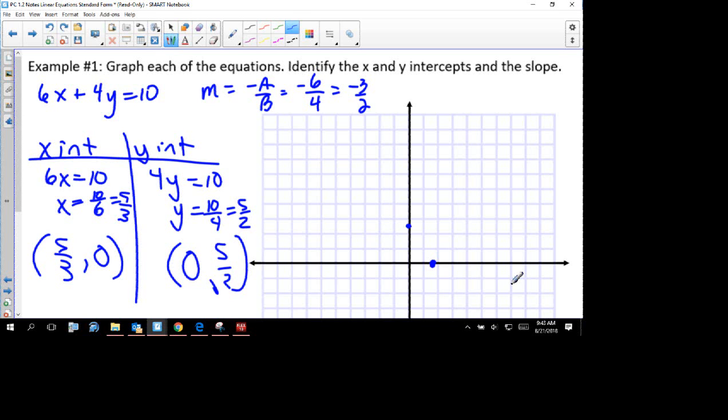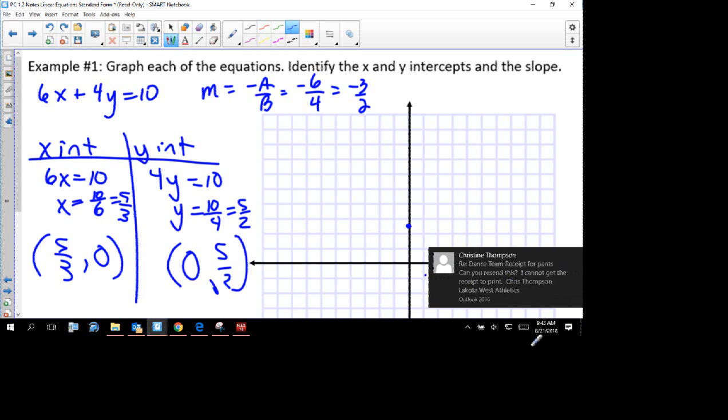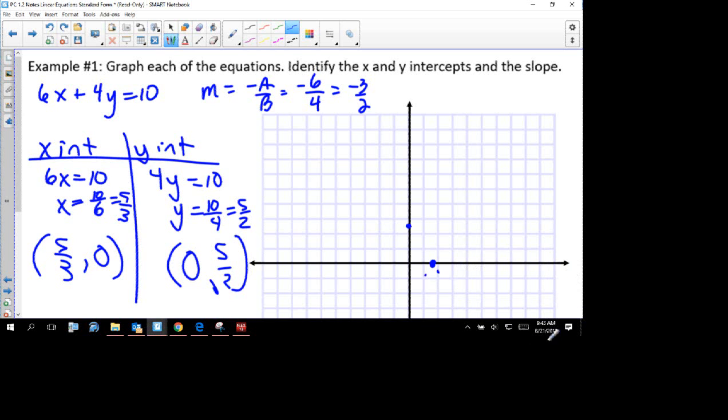So -3/2 is my slope. Should I use that from 1 2/3 or should I use it from 2 1/2? 2 1/2 seems a little bit easier, yeah. I could go down 3, but I have to go down 3 units. I'm not going down 3 lines. I'm going down 3 units, so you're going to end up at the half mark, and then over 2.